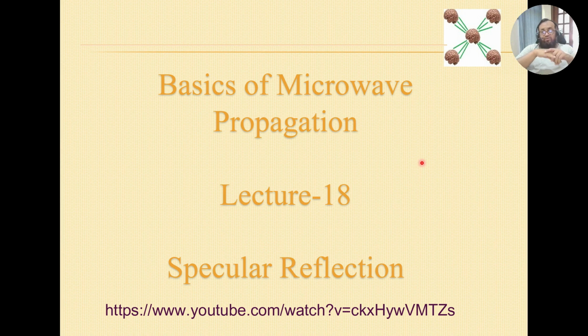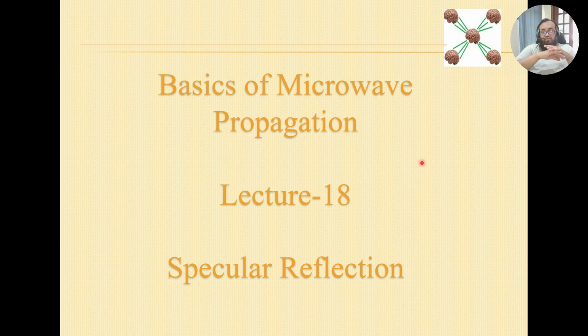I will try to mention some of those videos in the description of this video, but you can go through my videos and see that I have already discussed the specular reflection on path loss. Here we will try to see the background or the theory of that.